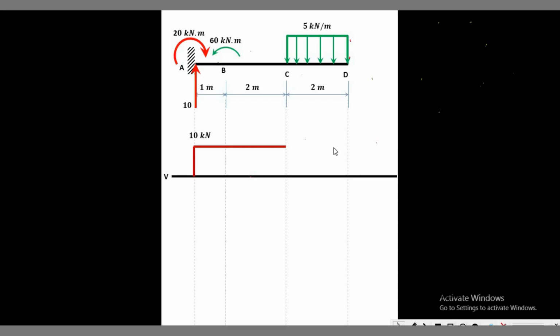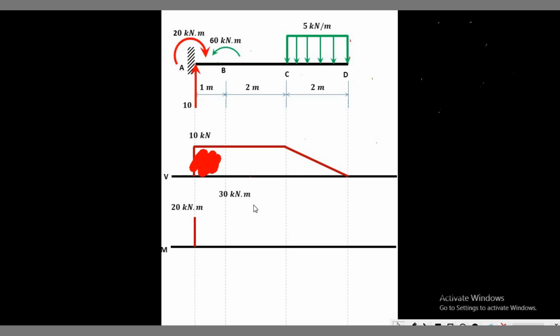So nag-end ako kay 10 minus the area of that uniformly distributed load, that is 0.